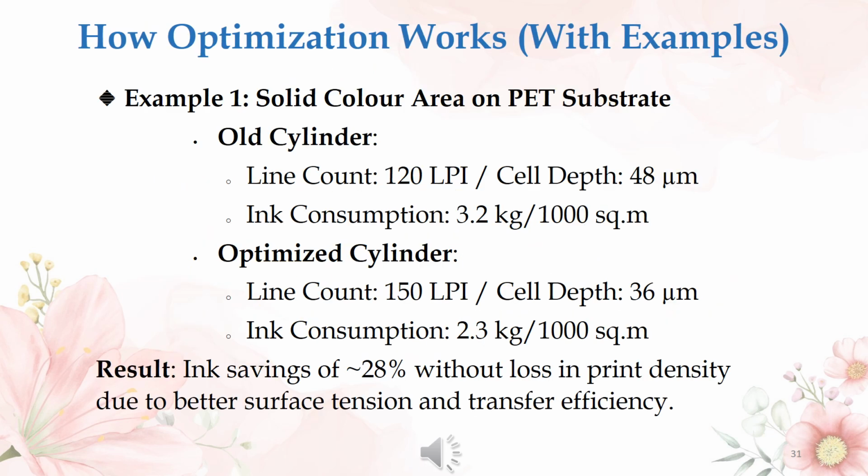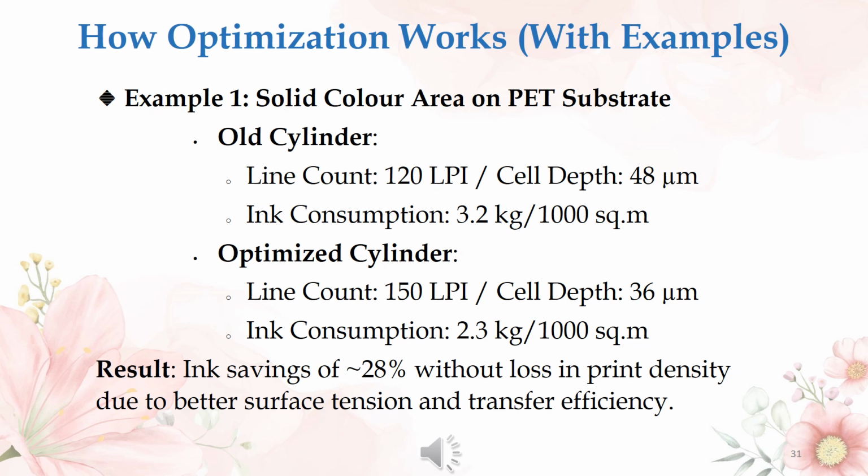Here is example 1 about a solid color area on PET substrate. Old cylinder specs were line count 120 LPI, cell depth 48 micron. Ink consumption was 3.2 kg per 1000 square meter.